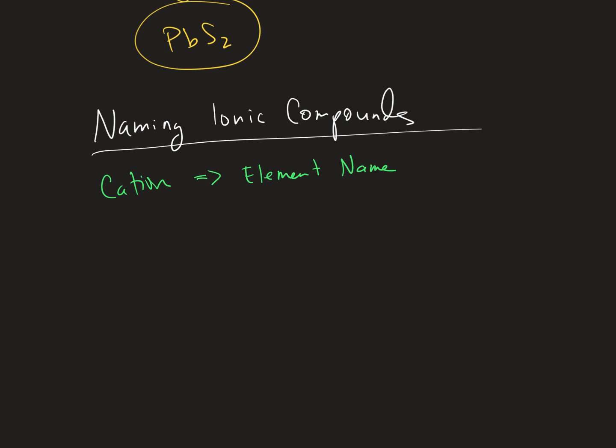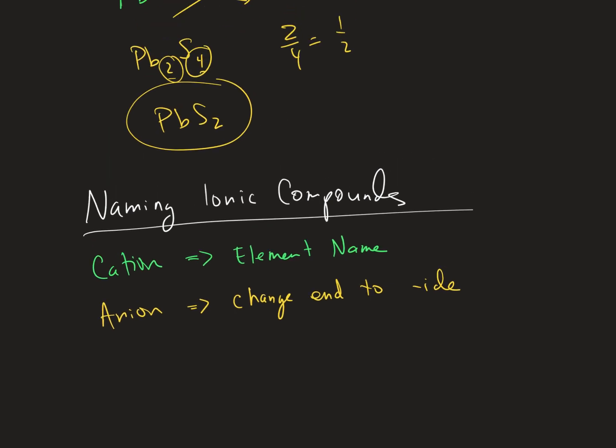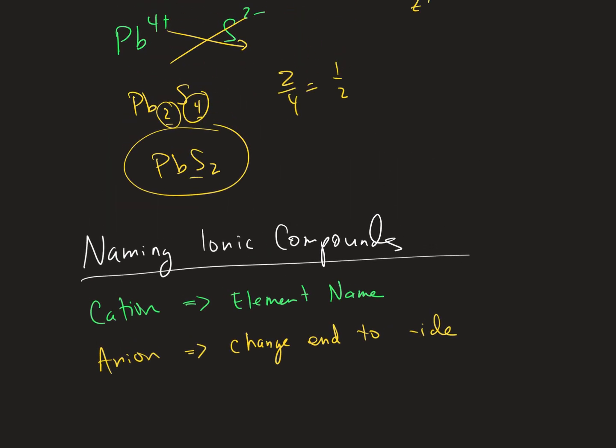So for anions, we change the ending of the element name to IDE. So we have sulfur here. So what's the sulfur ion called? Sulfide. Okay.